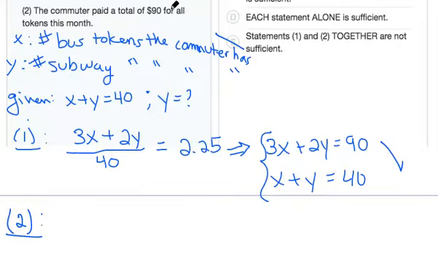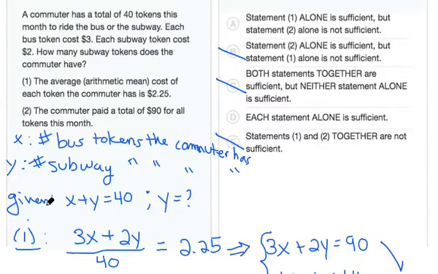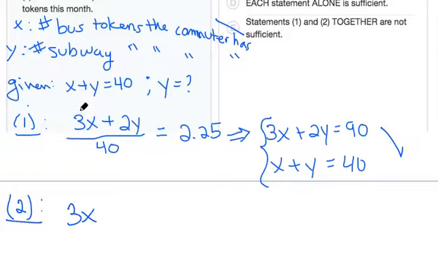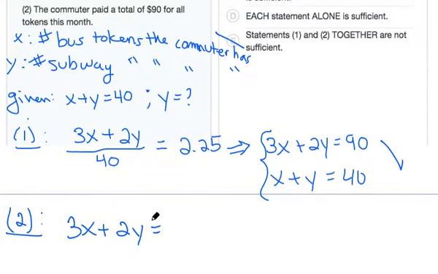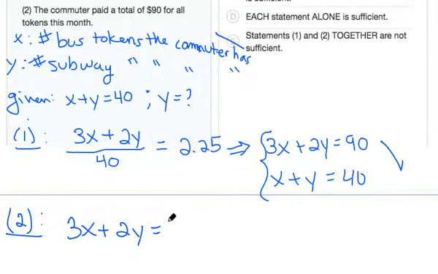We just need the cost of all of the tokens, which would be $3 times x, because every bus token costs $3. If we scroll back up here, each bus token costs $3 and each subway token costs $2. So we have plus 2 times y would equal $90, which would be the total cost.